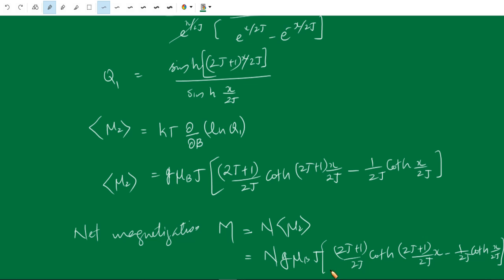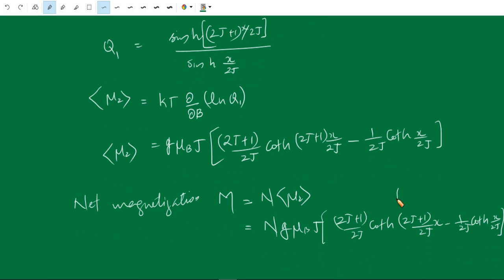Okay, this is called the Brillouin function Bj of x. So therefore we can write the magnetization M is equal to N g mu B j into Bj of x.